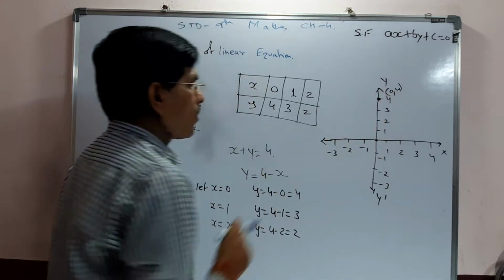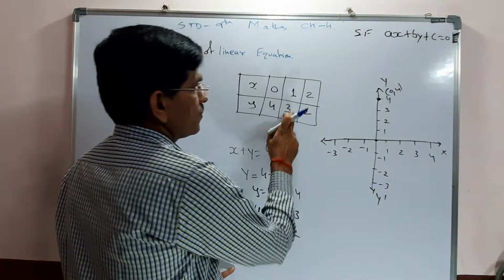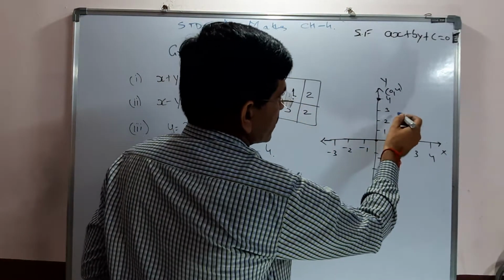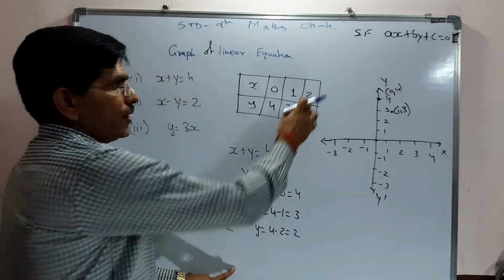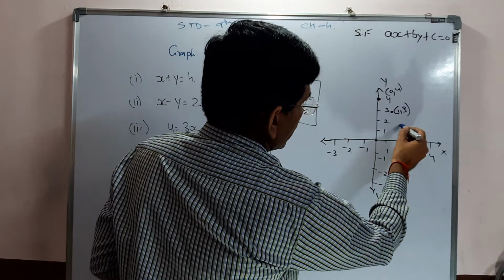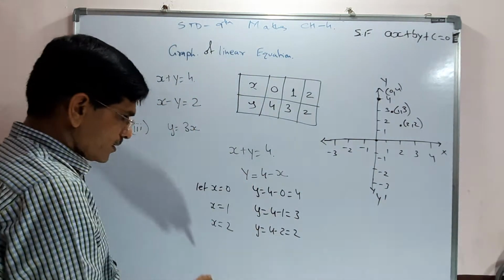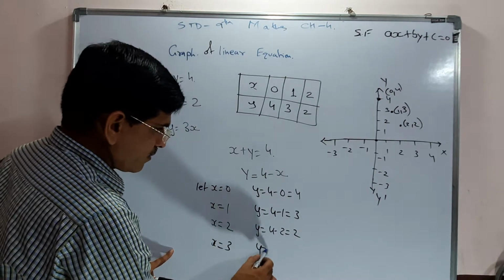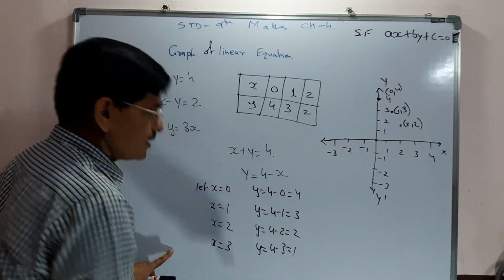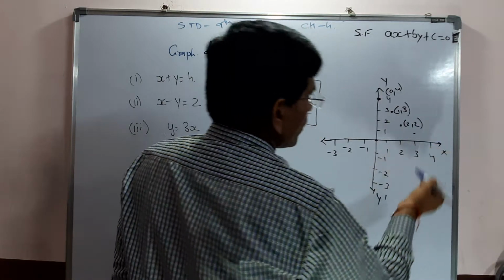Now 1, 3: x is equal to 1, y is equal to 3. Then 2, 2: x equal to 2, y is equal to 2. If we go further, x equal to 3, then y is equal to 4 minus 3, that is 1. So when x equal to 3, y is equal to 1.